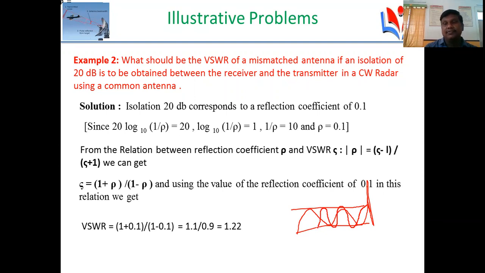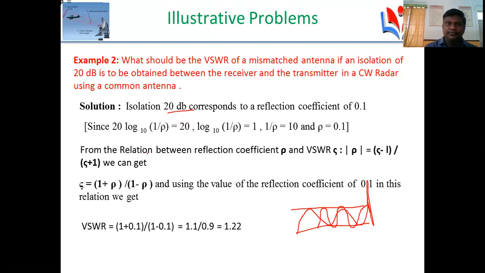For these standing waves, we should be able to calculate the voltage related to them. That is nothing but VSWR. In the problem, the isolation between transmitter and receiver is given as 20 decibels.